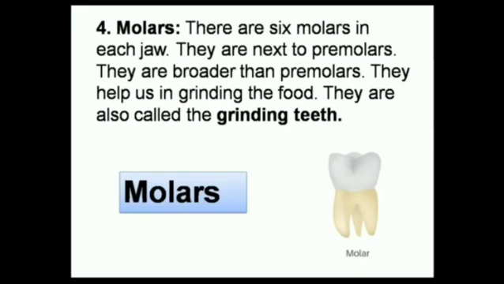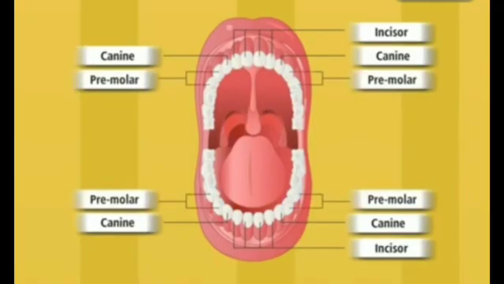Now I will show you premolars and molars. Okay children, as you can see in this picture, the incisors are the front four teeth, and right next to the incisors are the canines. Now I am talking about premolar teeth.